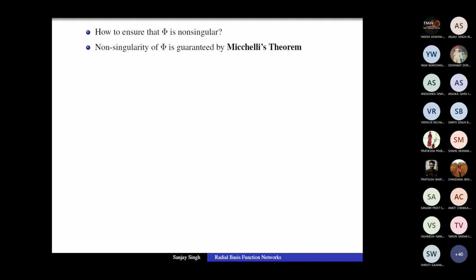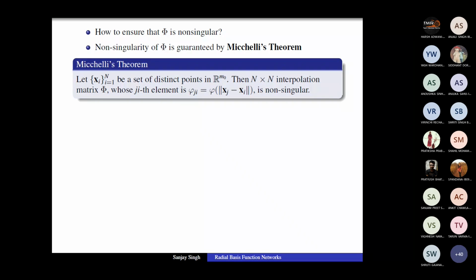So we'll see now. Non-singularity of phi is guaranteed by Micchelli's theorem basically. Micchelli's theorem simply says that, nothing very high-fi, very simple steps. Let xi, i equal to 1 to n, these n data points, be distinct points in R^m0.